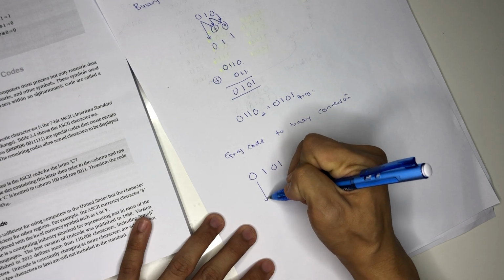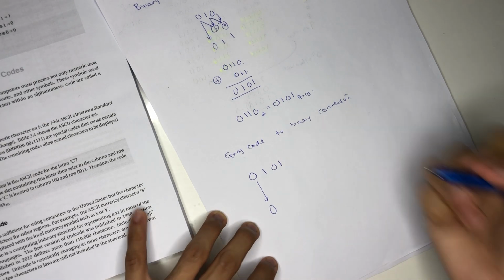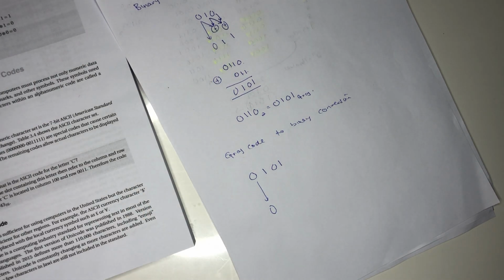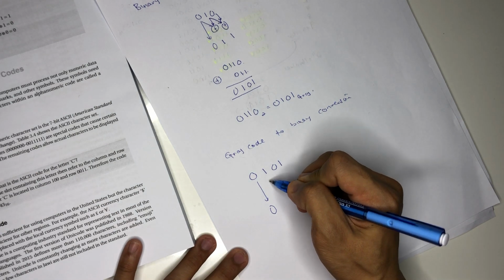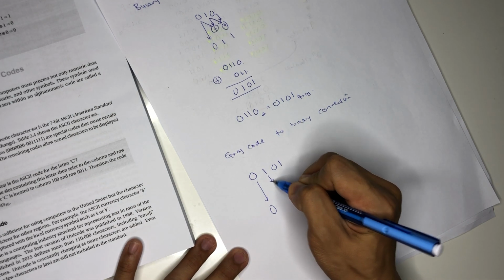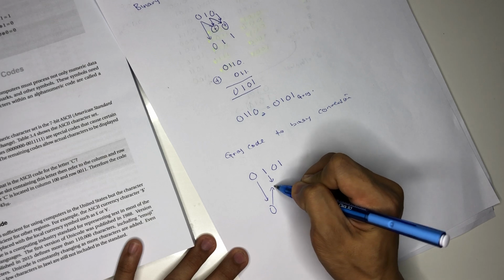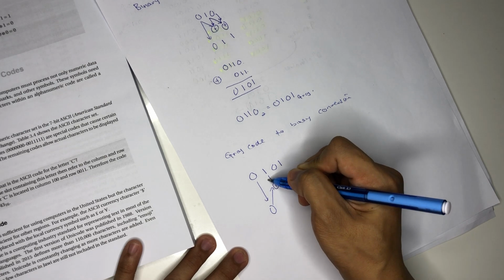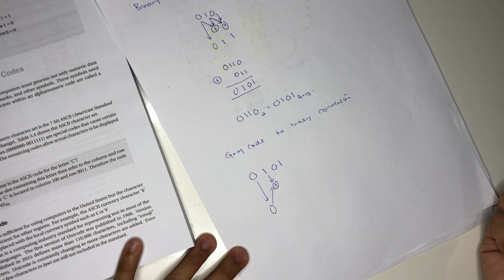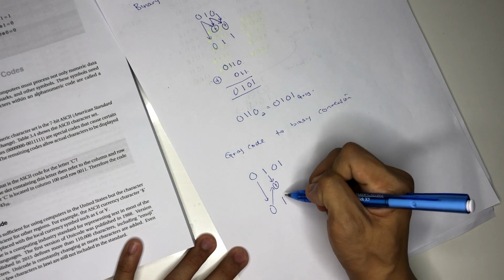We take down 0, then we add together with 0 here. What do we get? 0 plus 1, you get 1.